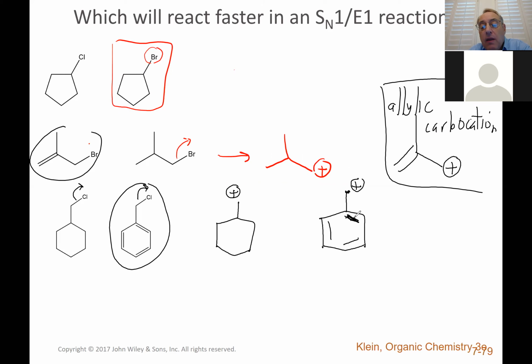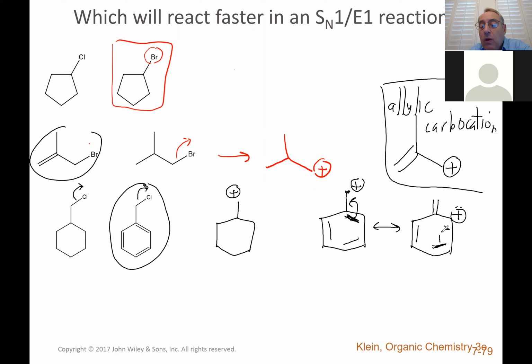And so you can take the pi bond and move it here. Allylic positive charge. Oops, sorry. That's gone, a double bond. And there are several other forms you can draw. This positive charge is allylic to this double bond.